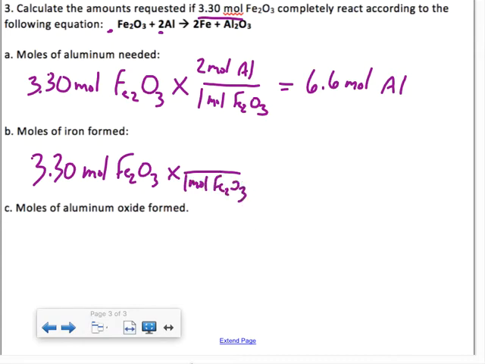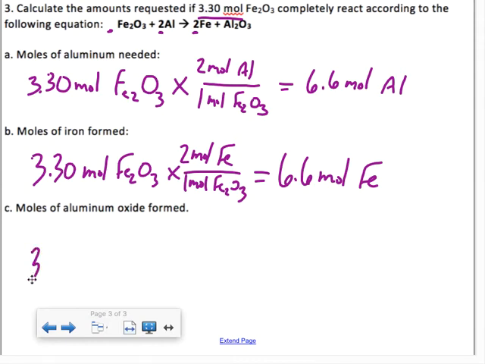What goes on top? The element or compound you're trying to get to, in this case, iron. So I look at my chemical equation. There's a 2 there. 2 moles iron go on top. So 3.30 moles times 2 divided by 1 is also 6.6 moles of iron that will be formed from this.